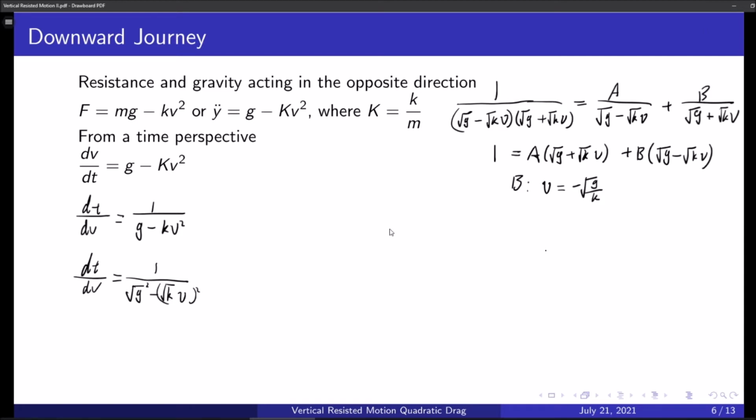That means 1 equals b times square root of g plus square root of g over k times square root of k, which means k cancels out, so b equals 1 over 2 square root of g.